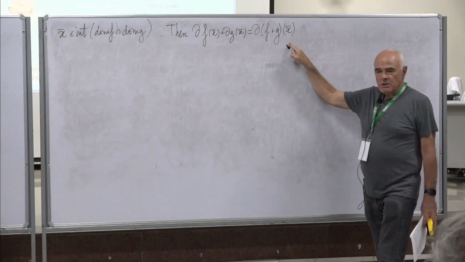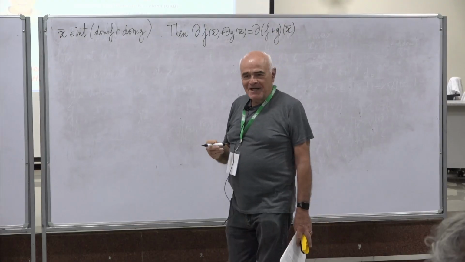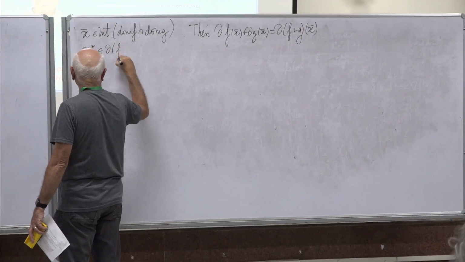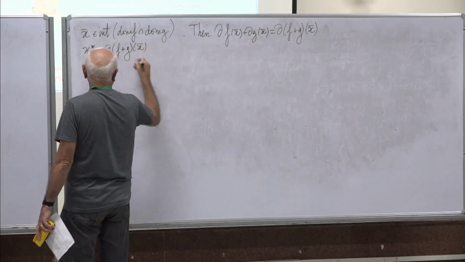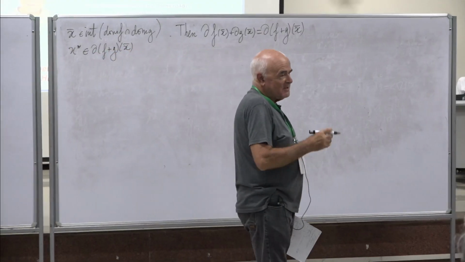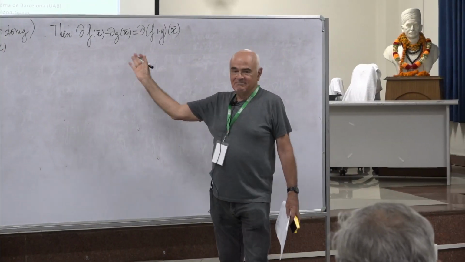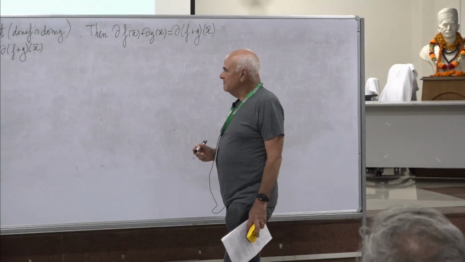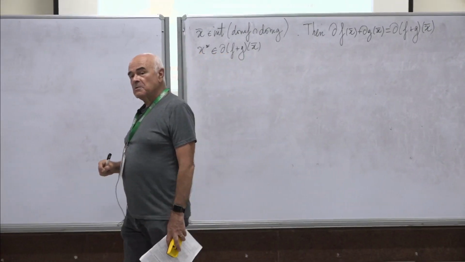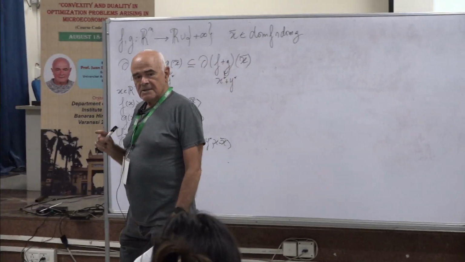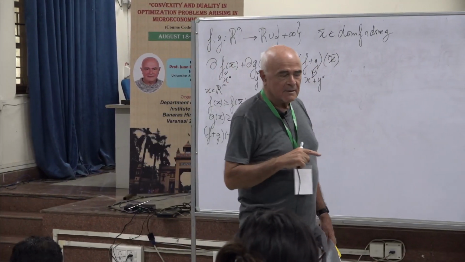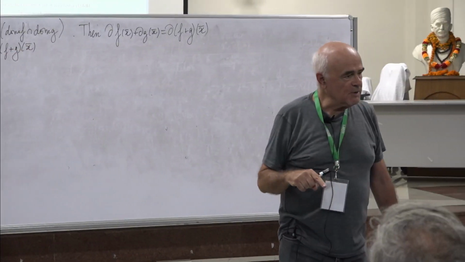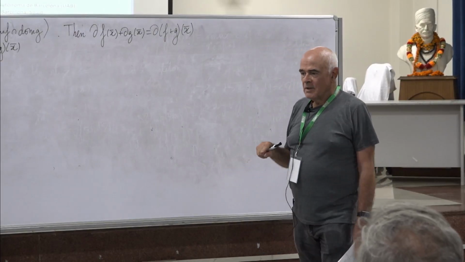Now we are proving the opposite inclusion. So let x star be an element in the right-hand side. If you are worried about this, again, if the right-hand side is empty, the inclusion is automatically satisfied, okay? But let x star be an element here, and we have to find the decomposition of x star as the sum of an element in the subdifferential of f at x bar plus an element in the subdifferential of g at x bar.